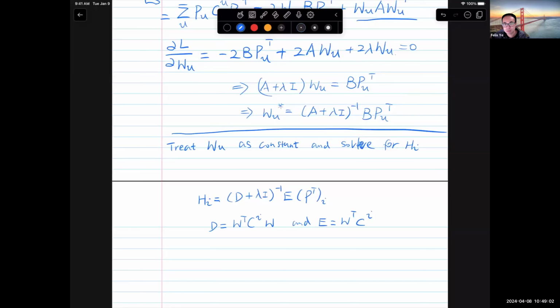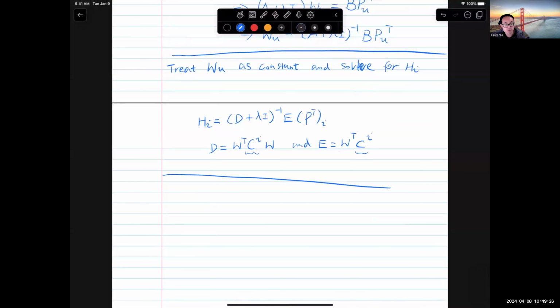For each iteration, it will be quite expensive to calculate because of the CI here and the CU here. CI and CU need to be calculated for each I and each U, and this will be very expensive.